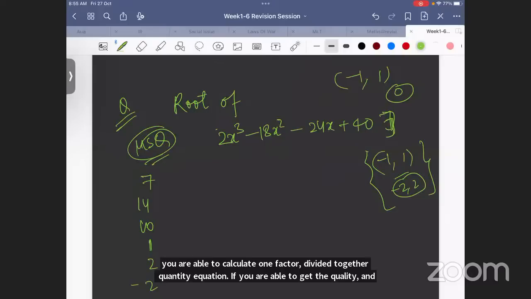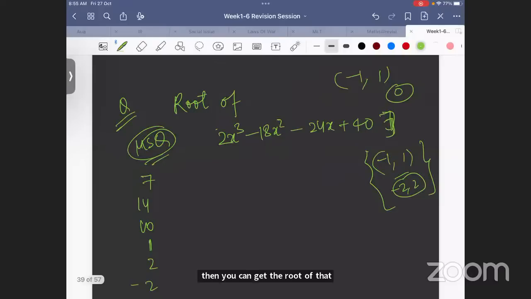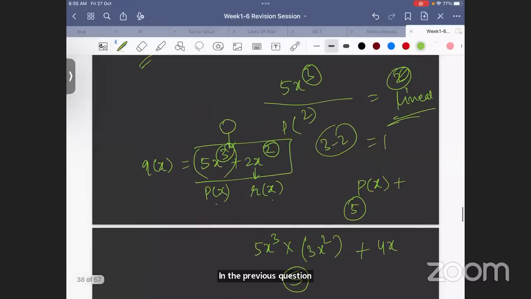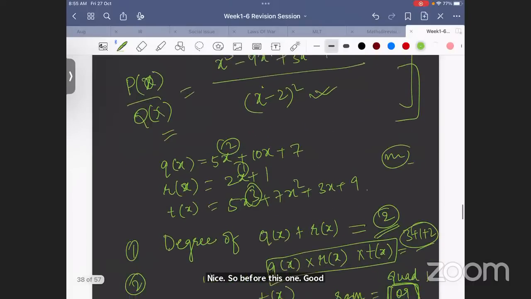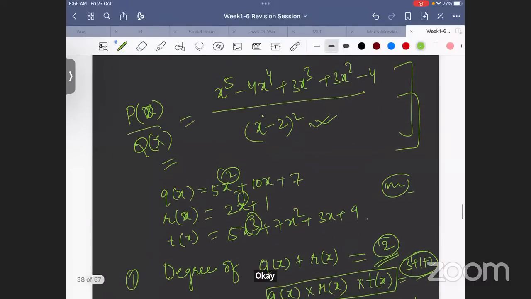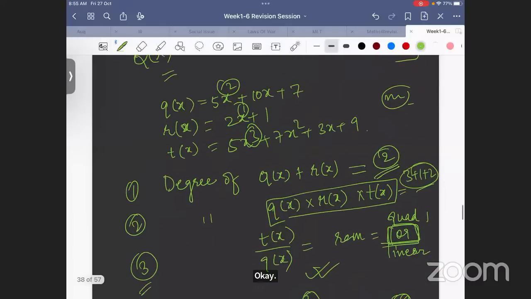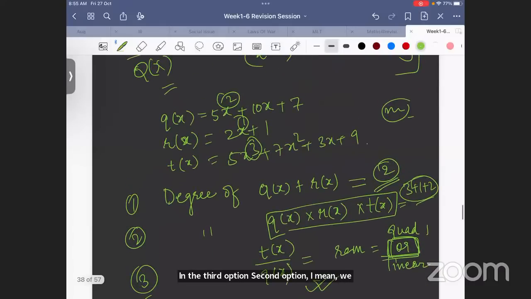Sir, in the previous question, before this one, option one: can you explain why in the second option we added the degrees of each function and not in the first?